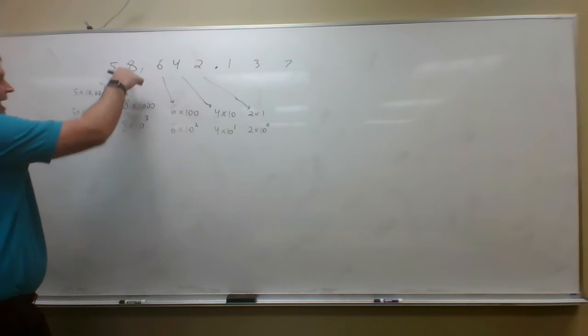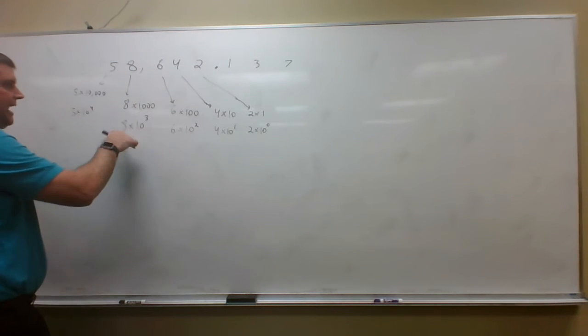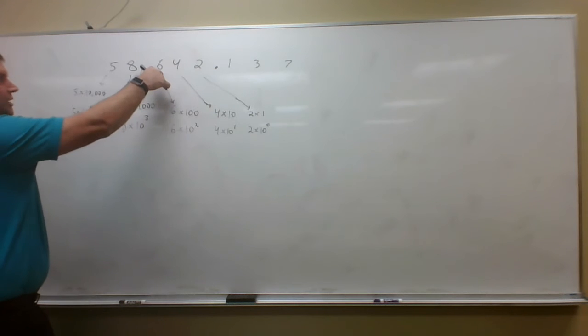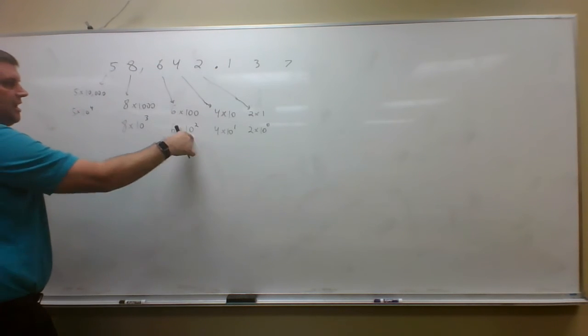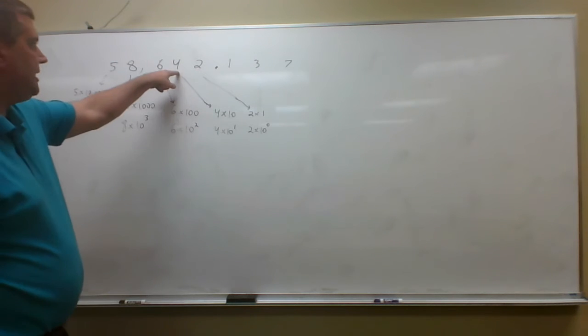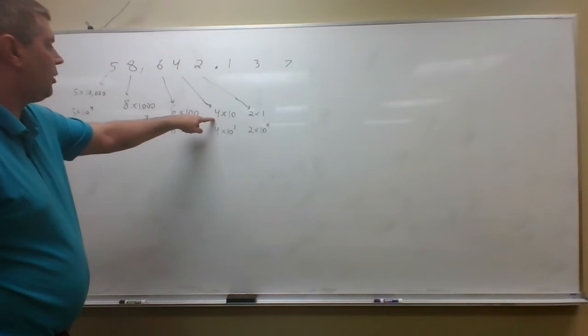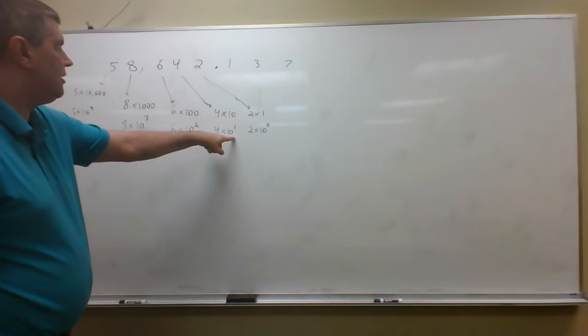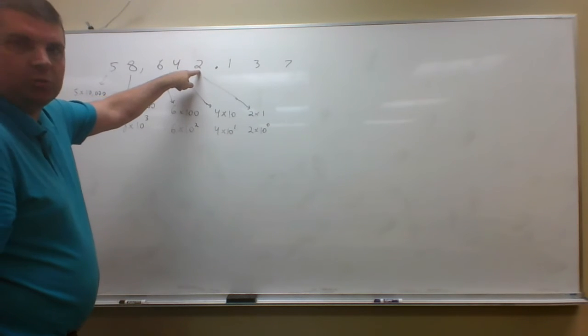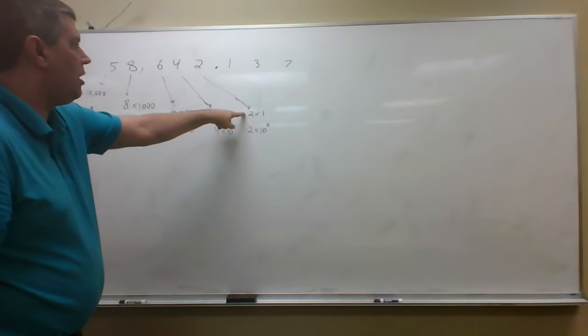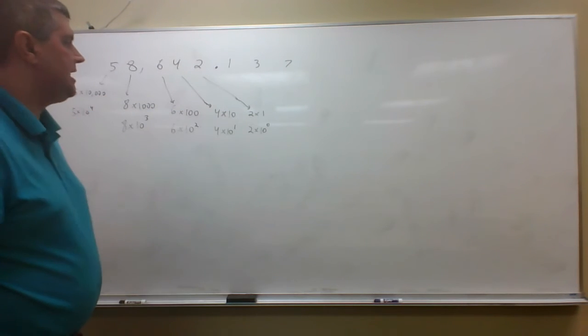This is 8,000, so 8 times 1,000, 8 times 10 cubed. This represents 600. 6 times 100 or 6 times 10 squared. This is 40, which is 4 times 10, 4 times 10 to the 1st. This is 2 ones. Okay, the ones place is a 2, so it's 2 times 1, which is equivalent to 2 times 10 to the 0.